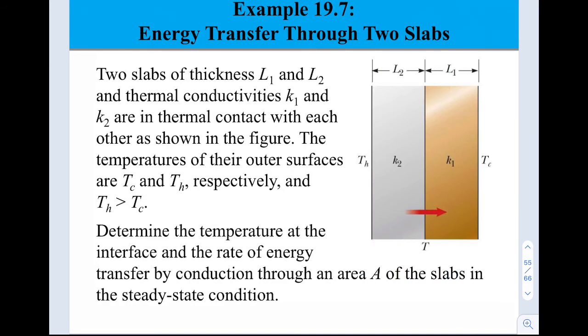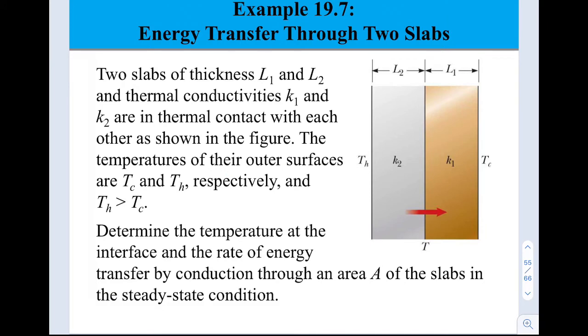Example 19.7, energy transfer through two slabs. Two slabs of thickness L1 and L2 and thermal conductivities k1 and k2 are in thermal contact with each other, as shown in this figure.